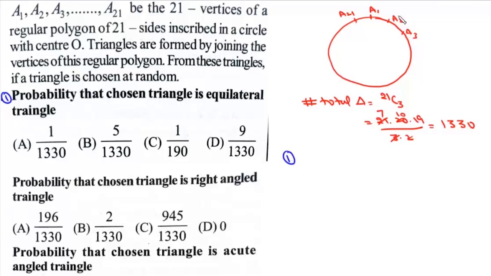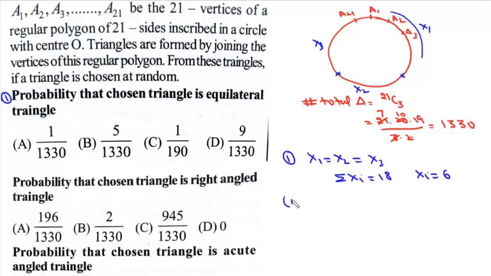Now it will be an equilateral triangle if the number of vertices between the three chosen vertices is the same. So in that case x1 must be equal to x2 and it must be equal to x3. Now the sum of all x1, x2, x3 will be 21 minus 3, 18, and since it is 3x1, each of xi must be 6.